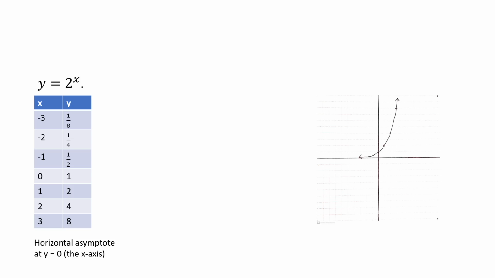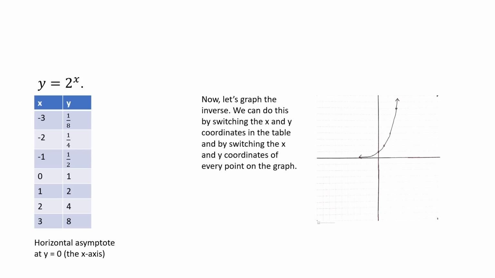Now, we've just said that the logarithmic function is the inverse of the exponential function. So one way of graphing the logarithmic function is just to switch the x and y coordinates of the exponential function.